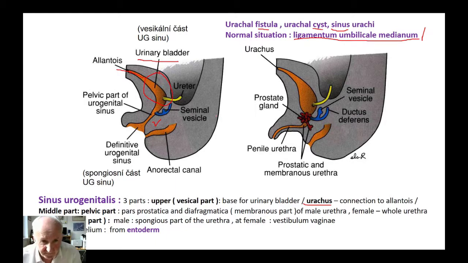The middle part, someone is calling the pelvic part, will give origin to pars prostatica and diaphragmatica or membranous part of the male urethra. Female, the whole urethra of this part.